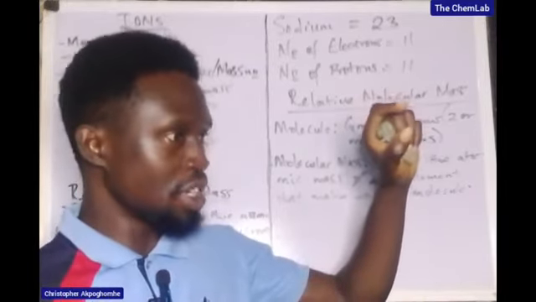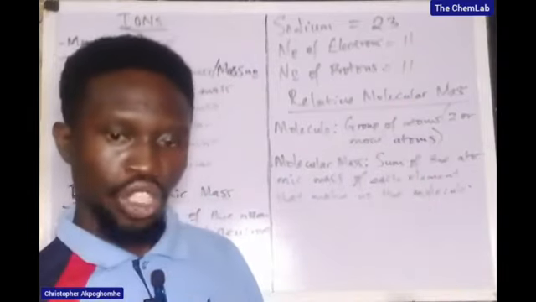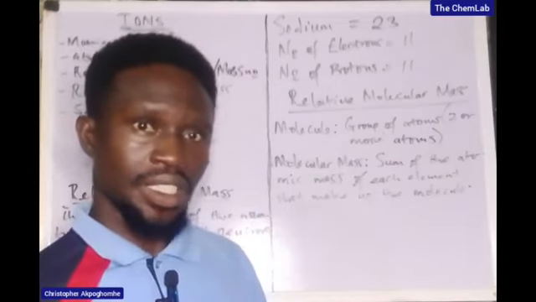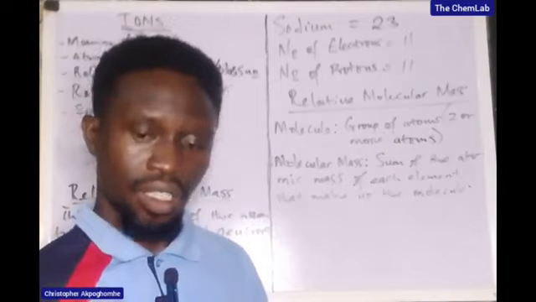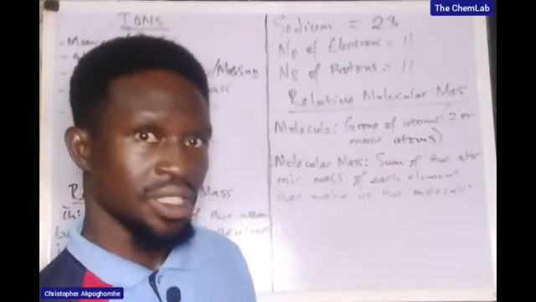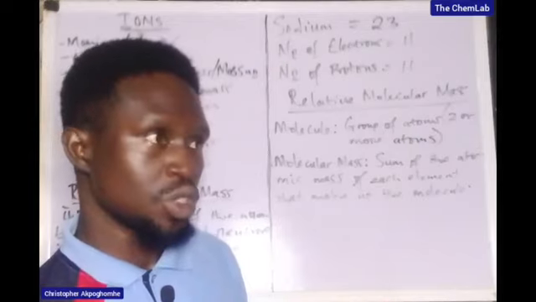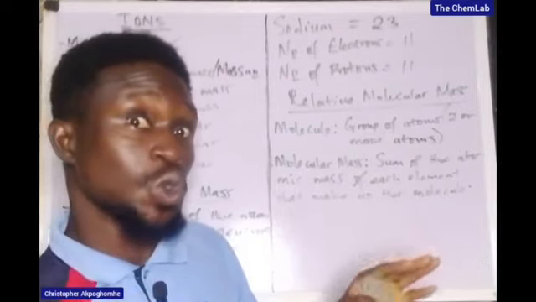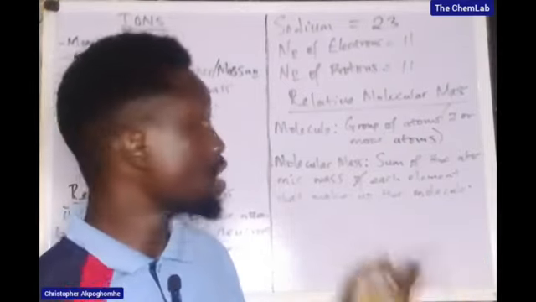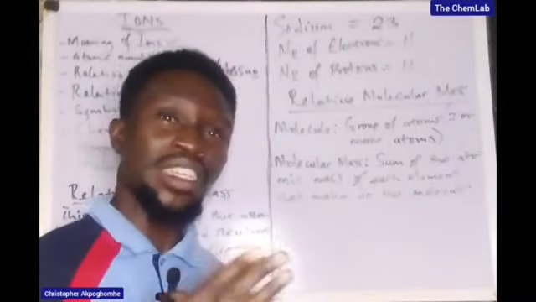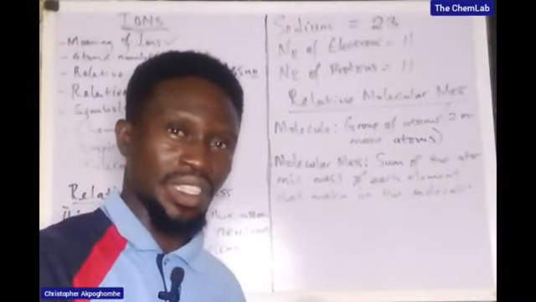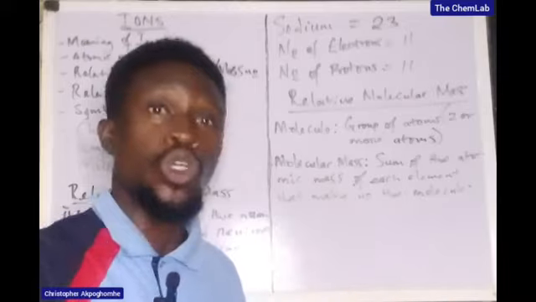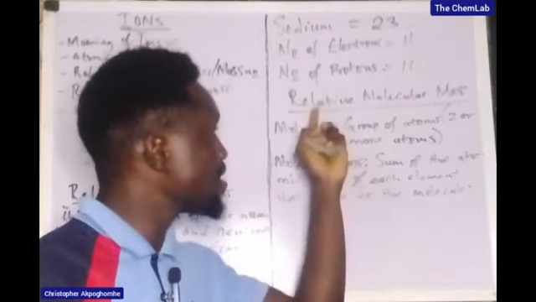When you put this one and the other one on the other side, if the other one draws down, such that the one that has a known mass goes up, it means that the one that draws down has a higher mass than the one that went up. Is it not so? So that's why they call it relative. They are comparing it with another element that has a standard, known mass.